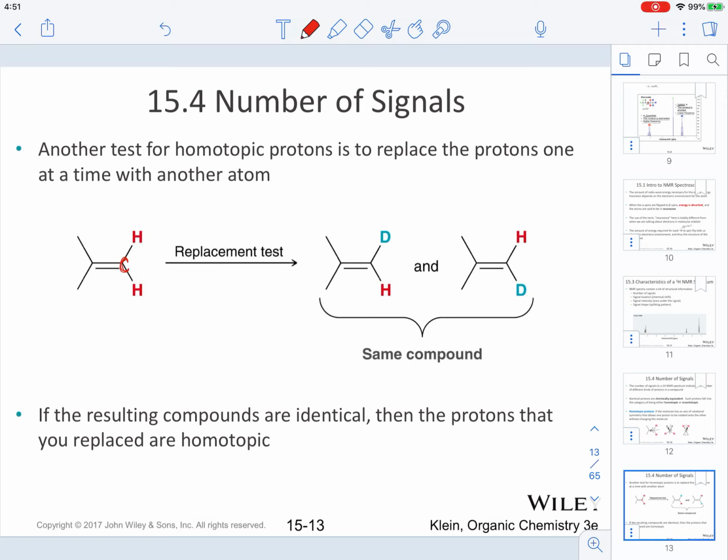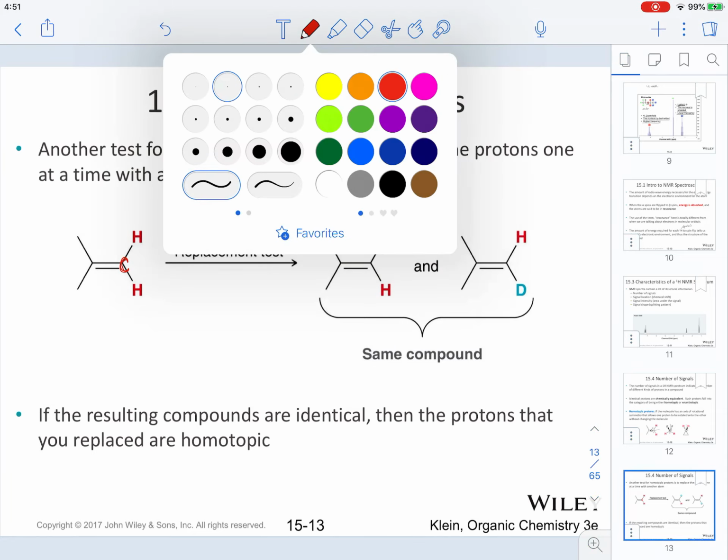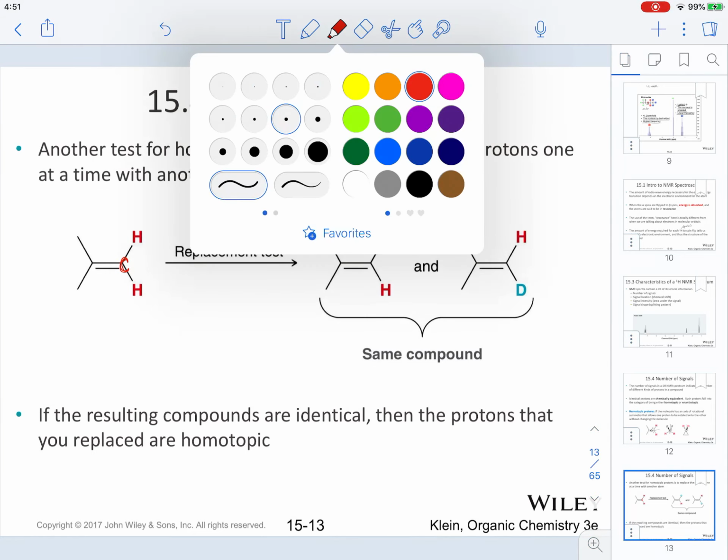Utilizing the replacement test, what we're doing is exchanging the protons one at a time by a specific atom. Here in the slides, you can see that what was drawn is atom D. You can use any atom in the periodic table, preferably the halogens, just because it is very specific, but you can utilize any atom.